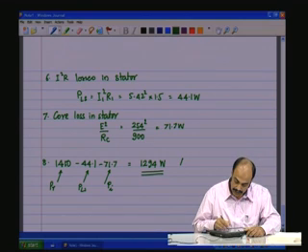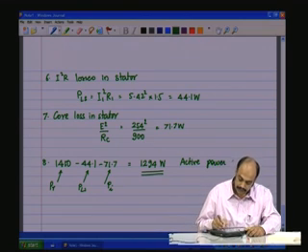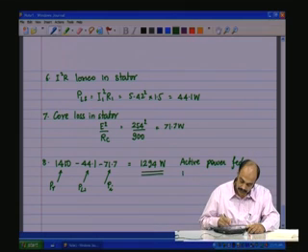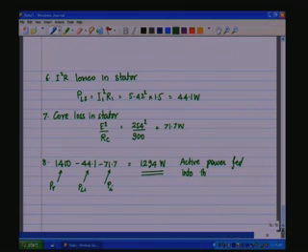So this is the active power fed into the three-phase lines.